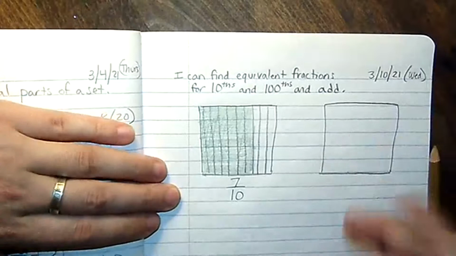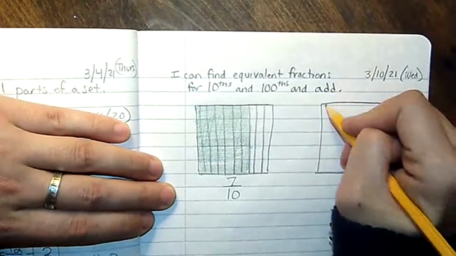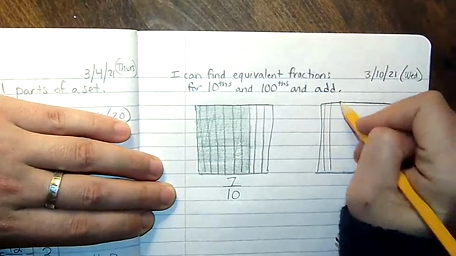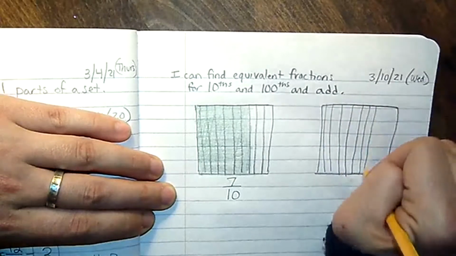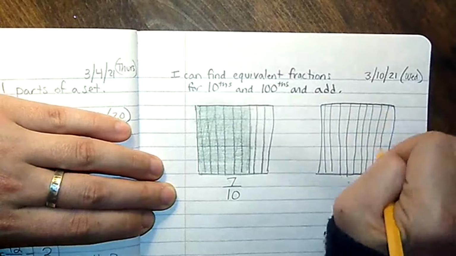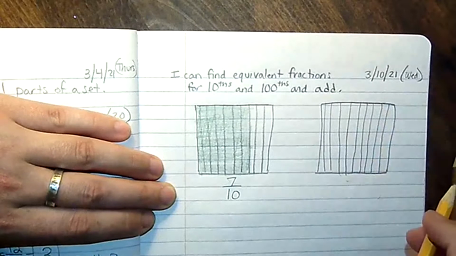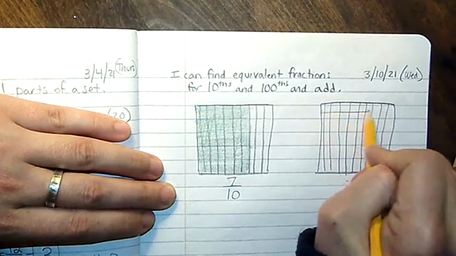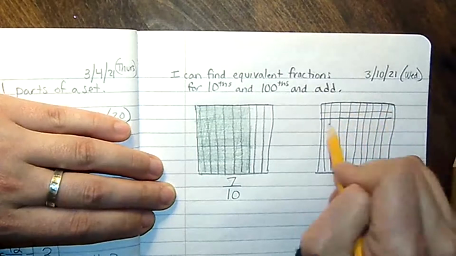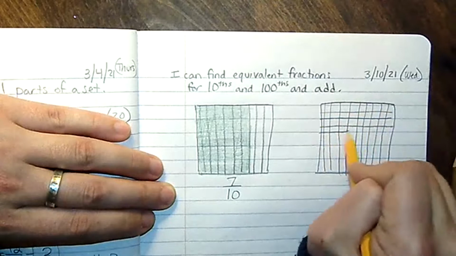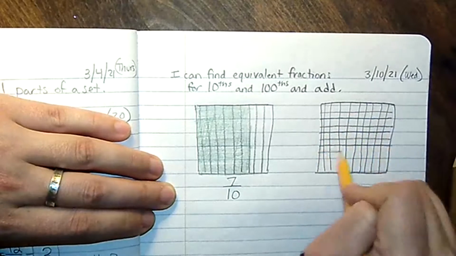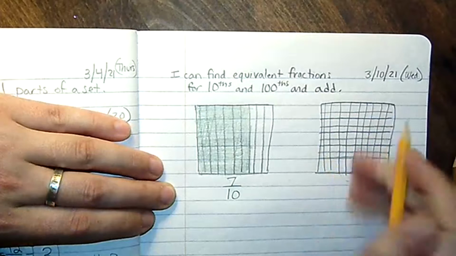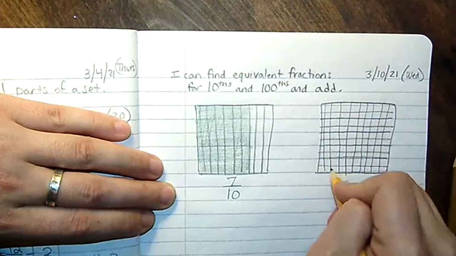All right, now watch. Over here, I'm going to draw a very similar shape. I'm going to draw 9 lines down. 1, 2, 3, 4, 5, 6, 7, 8, 9. Now I'm also going to make 9 lines going side to side. 1, 2, 3, 4, 5, 6, 7, 8, 9.